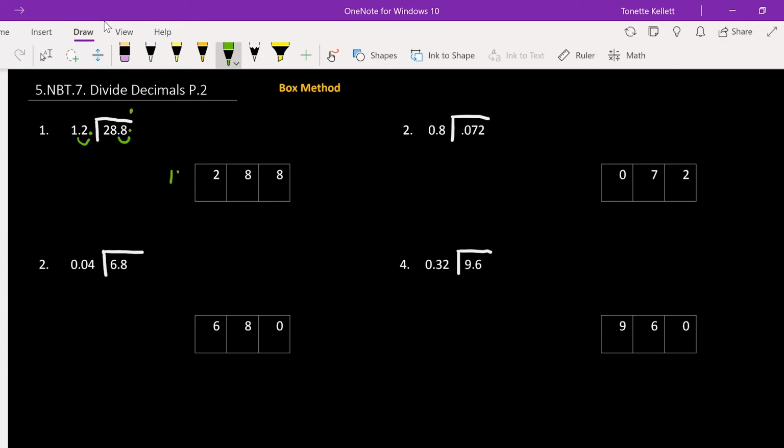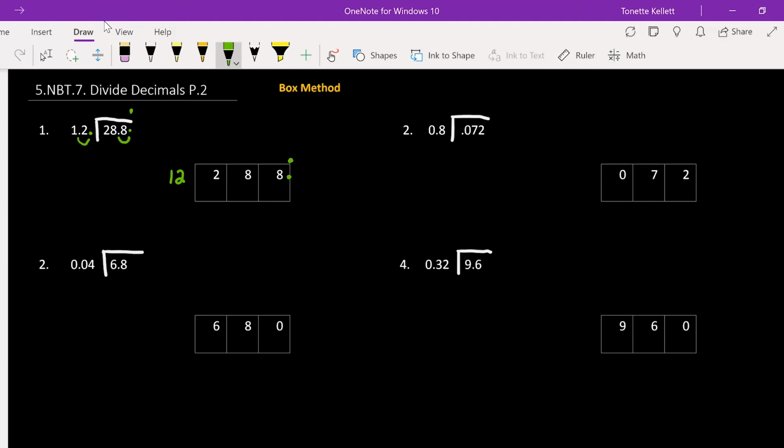So I'm going to write 12 over here outside my box. And that gives you 288 for a whole number dividend. So I have in my box 288. At the end of 288, I'm going to put a decimal. And straight up from that in my quotient, I'm going to put a decimal as the end of my answer.